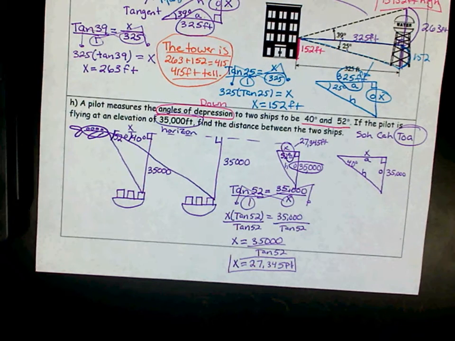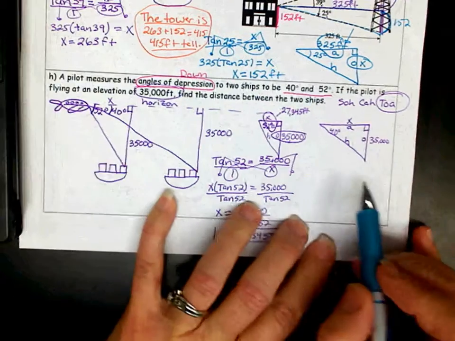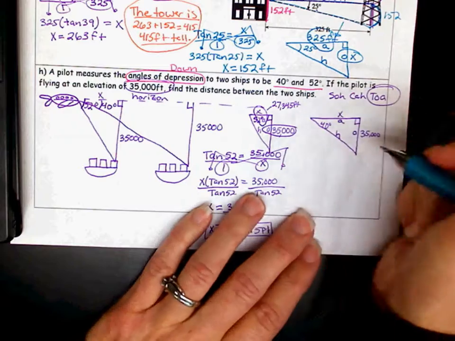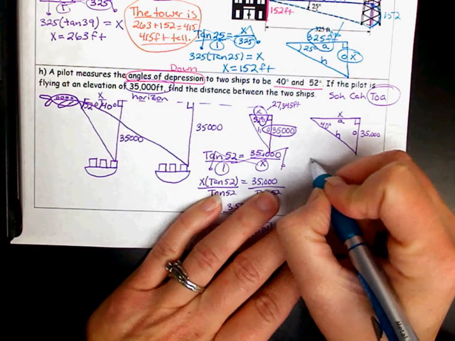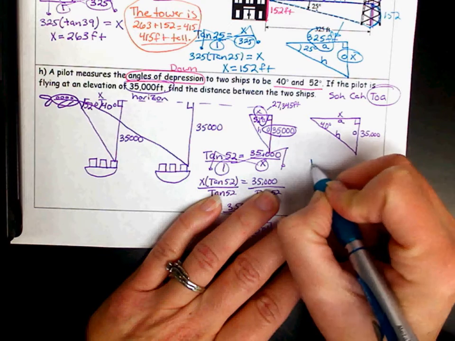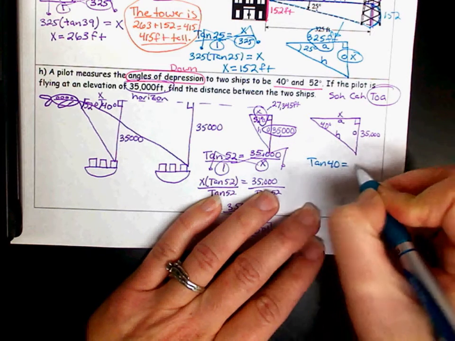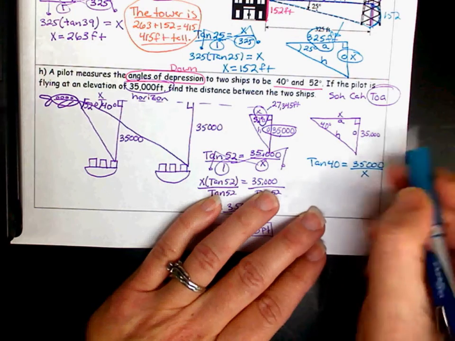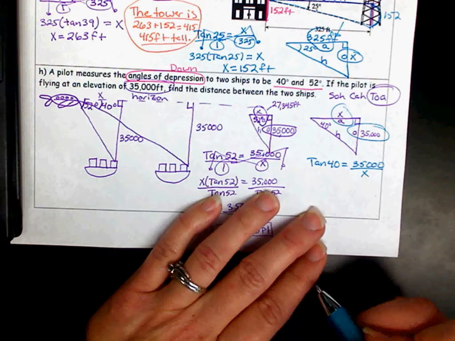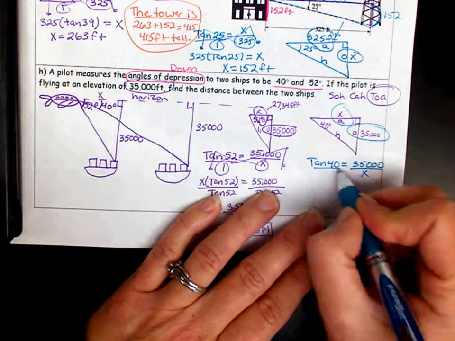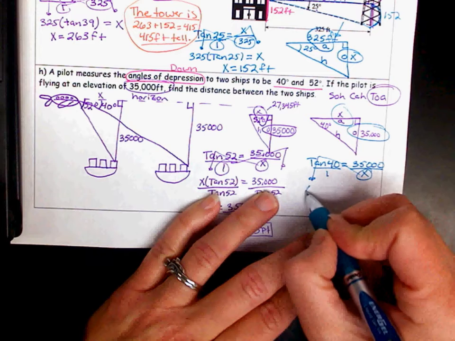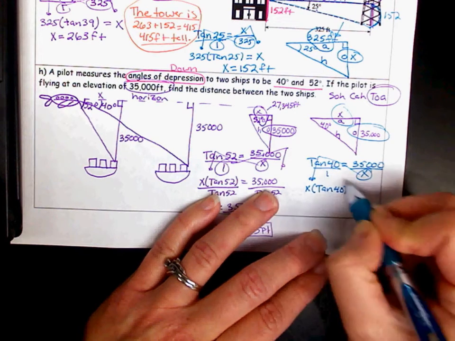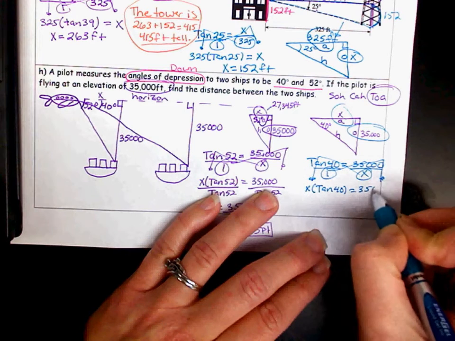Okay, so let's try this one. Colin, what'd you get? What was your formula? Perfect. Okay, so you're using these two sides, and that's tangent. So you cross multiply. Equals 1 times 35,000. Divide by the tangent of 40.